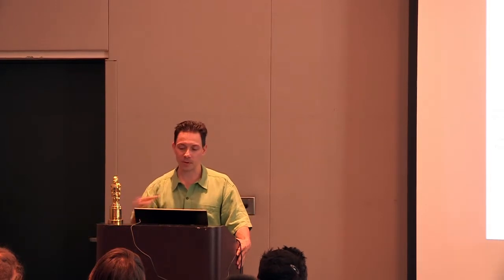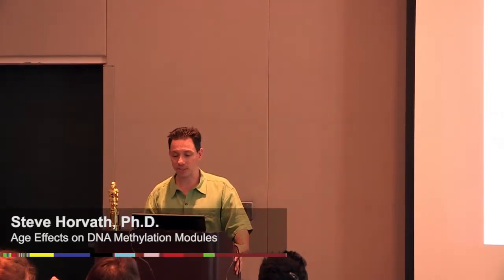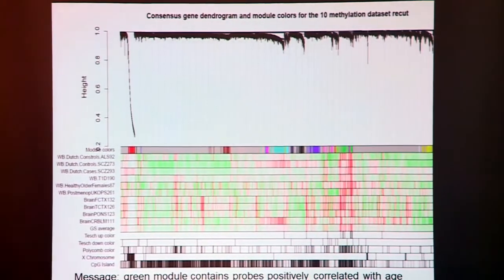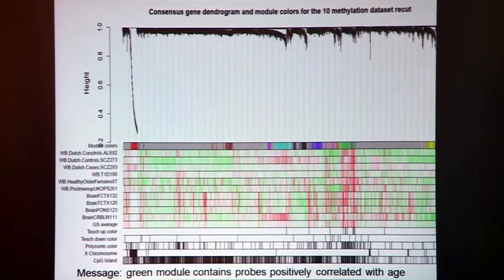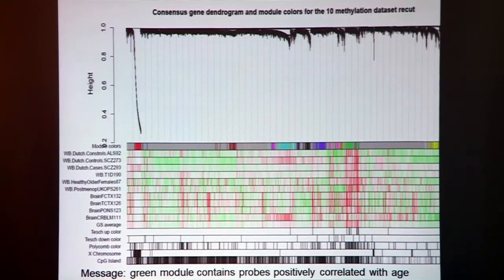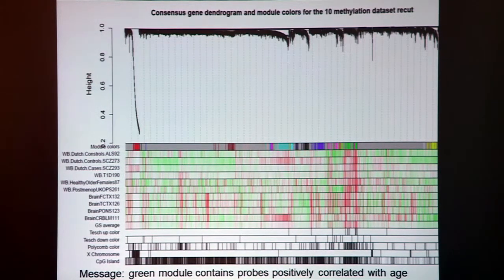If a module cannot be found in 450K data, maybe it represents an artifact. So we applied a further filter. There are a few branches here, not many, that we took out. Not to bias the analysis, but just not to mislead people, because some people will download the module assignment, and I don't want them to have a module that represents a 27K chip effect.